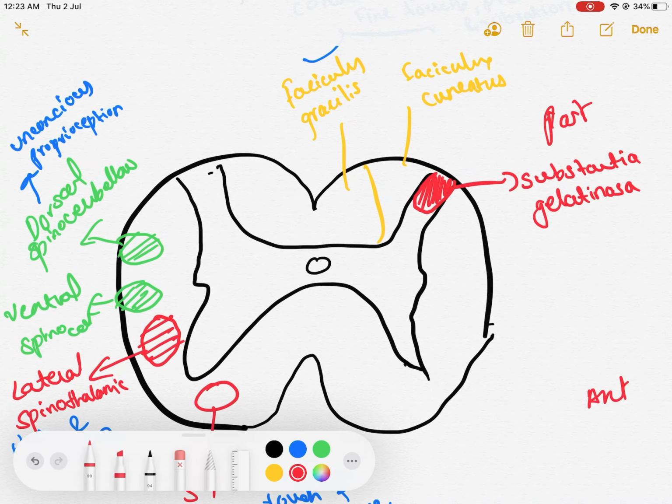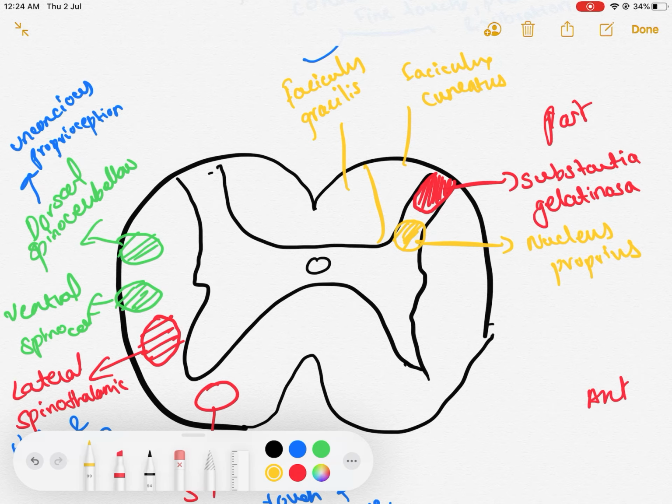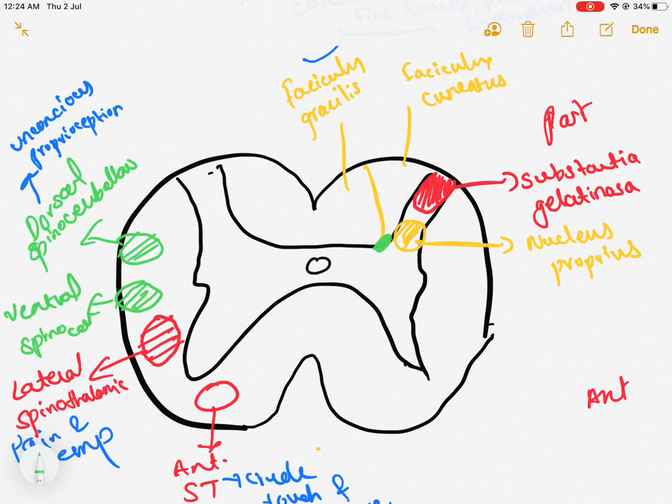The next relay is for posterior column. Posterior column relay is called nucleus proprius. The third relay is for spinocerebellar tract, and it is located here.